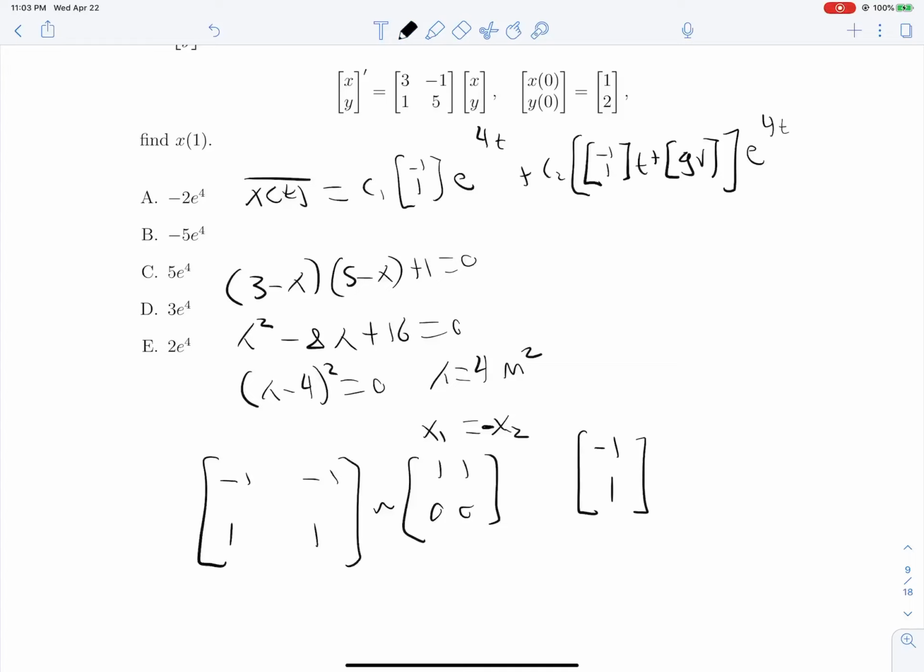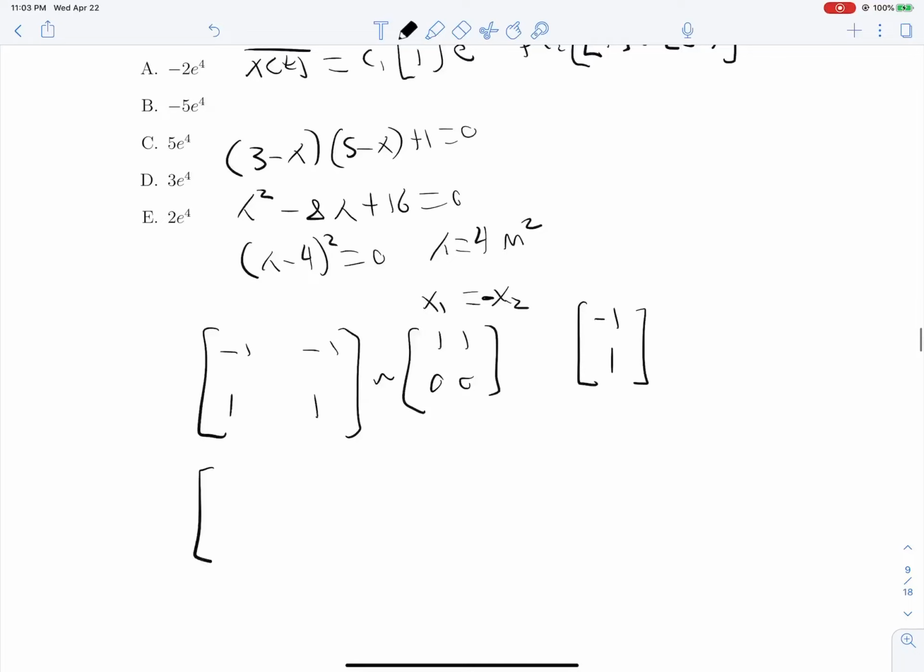Now to find our generalized eigenvector, what we have to do is solve A minus lambda I set equal to our first eigenvector. So negative 1, negative 1, negative 1, 1, 1, 1. What we're shooting for here is to simplify it down to the point where we have these four components looking the same as we had our entire matrix when we solved for our first eigenvector.